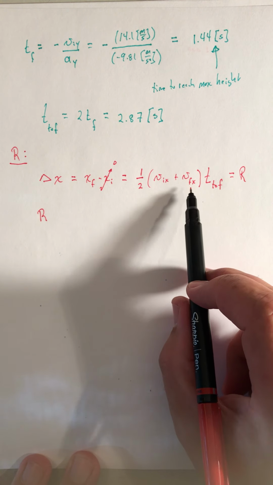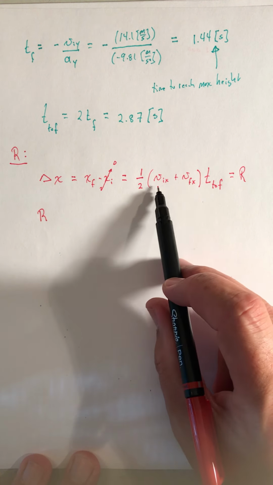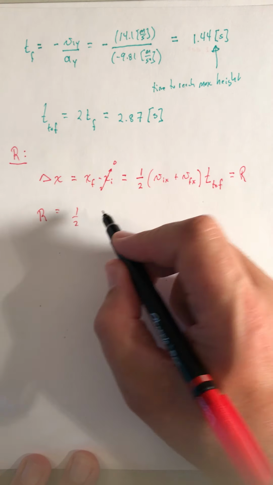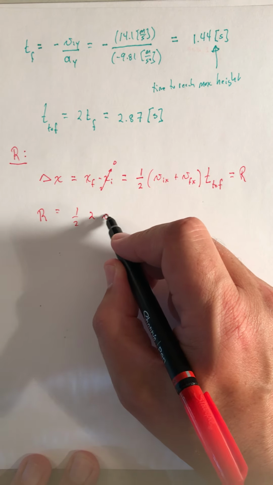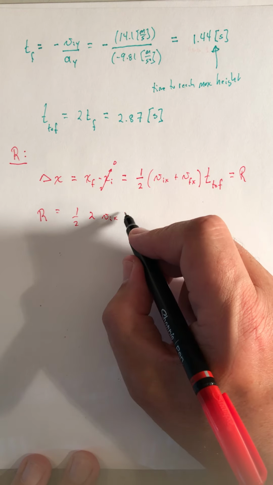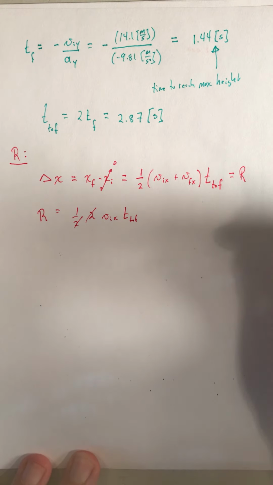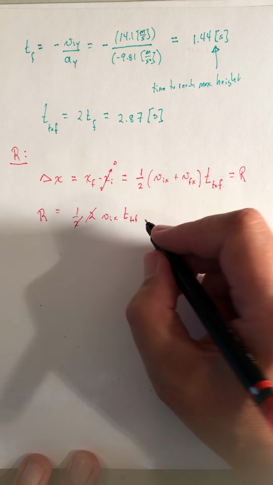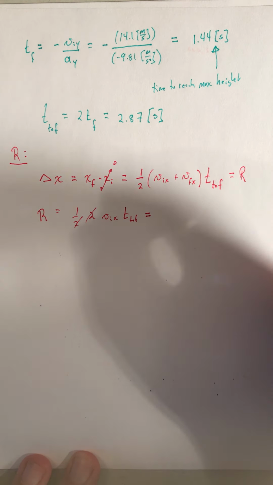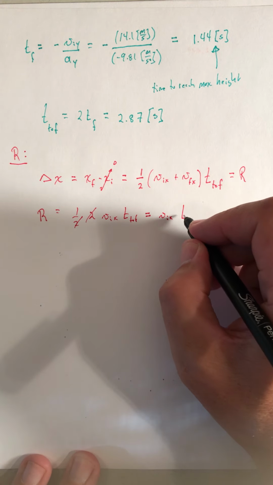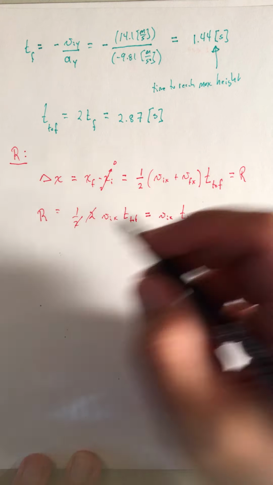V initial x is equal to v final x, so this is going to be equal to a half of 2 v initial x times the time of flight, and the half and the 2 will cancel out. So that's v initial x times the time of flight.